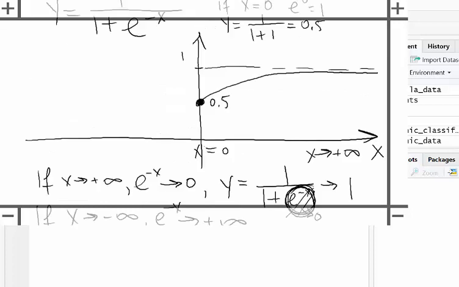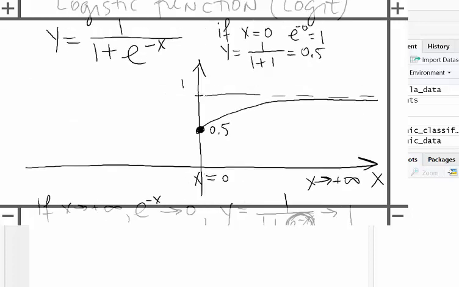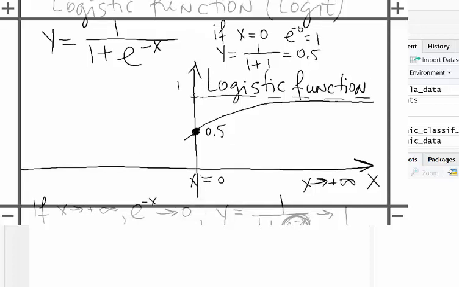So this is the graph of my logistic function. As I'm getting to lower and lower values of x, I'm getting to values which are closer and closer to 0.